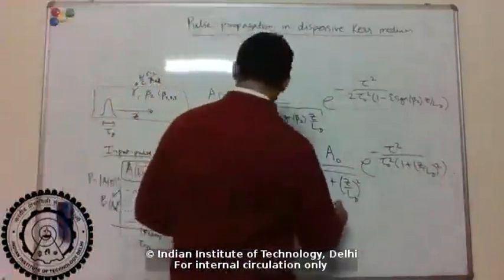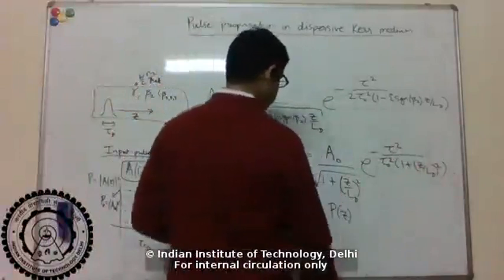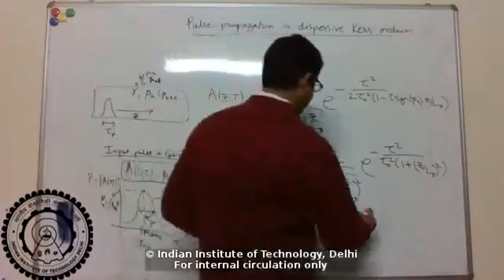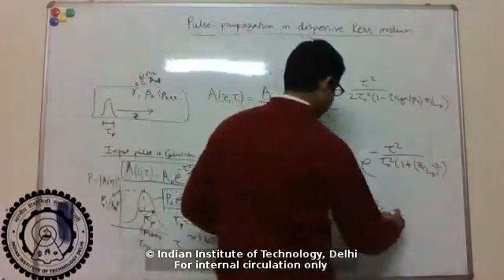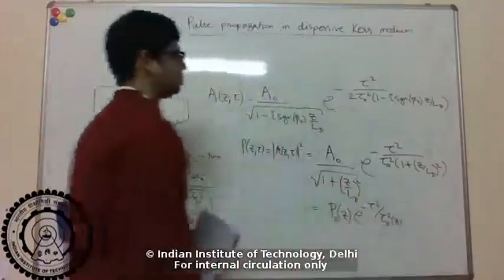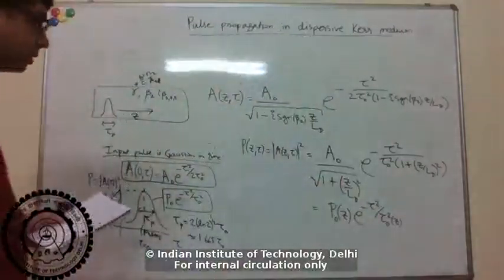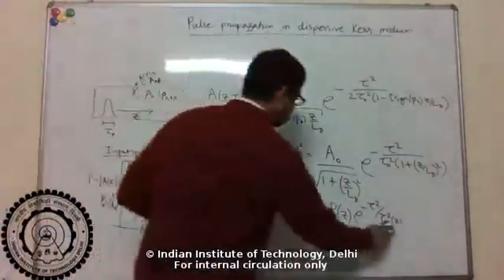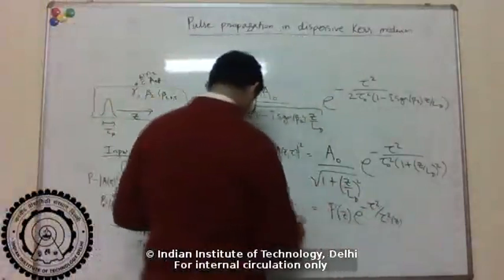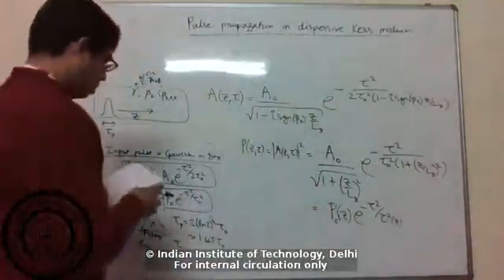I can write this as P naught Z, e to the minus tau square by tau naught Z square.